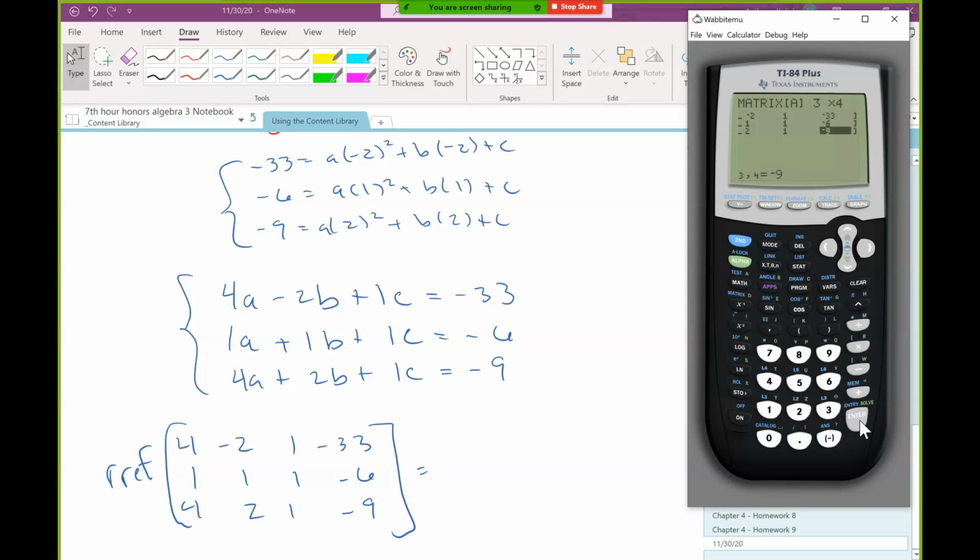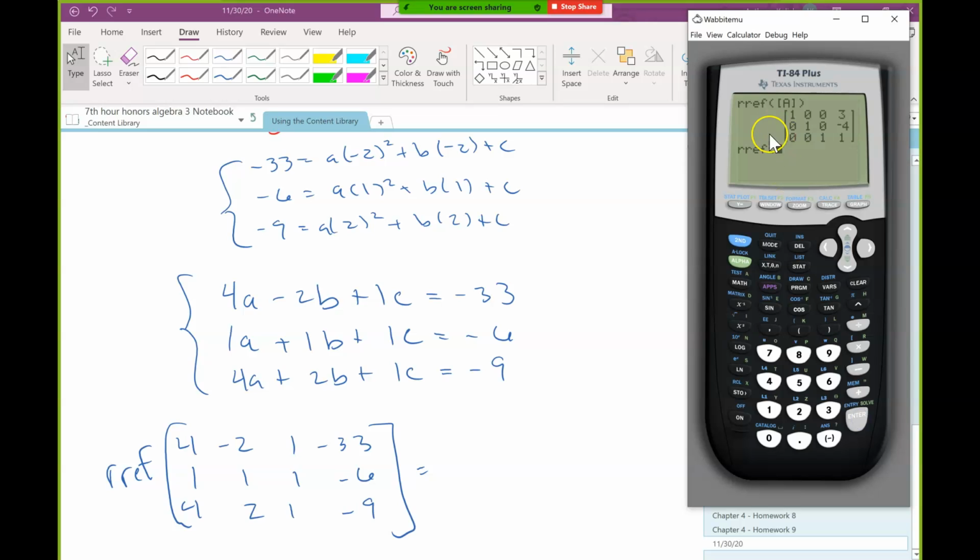Okay. Once I have all of my entries entered into my matrix, I'm going to exit out by pressing second and then the mode button. Now I need to retrieve the command rref. To do that, I'll press second and the X and the -1 button to return to the matrix menu. This time I'm going to move over to the Math tab using the right arrow key and scroll down until I find the command rref, making sure I pick rref and not just ref.